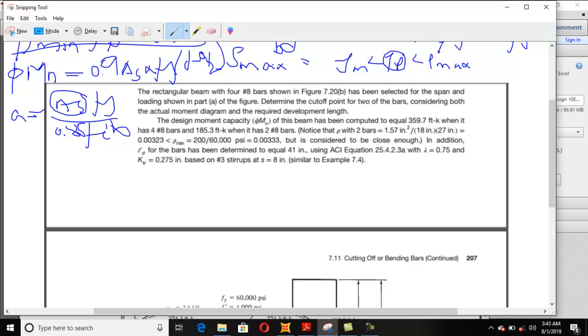They say the design moment capacity of this beam has been computed to equal 359.7 foot-kip when it has 4 number add bars.